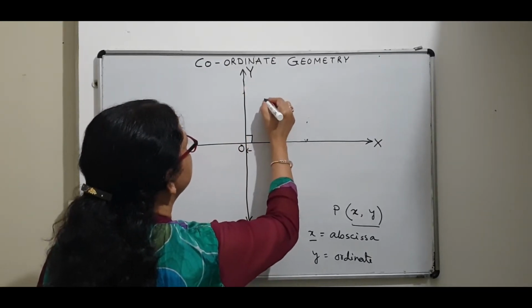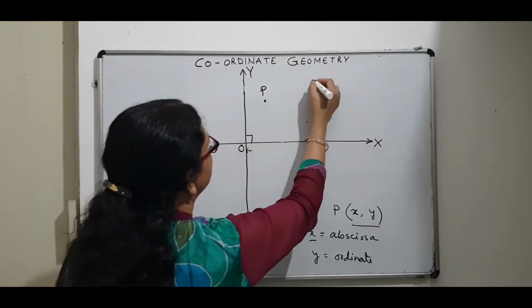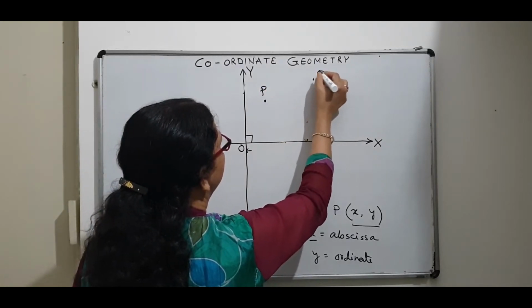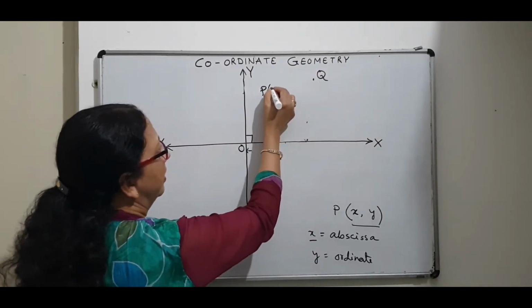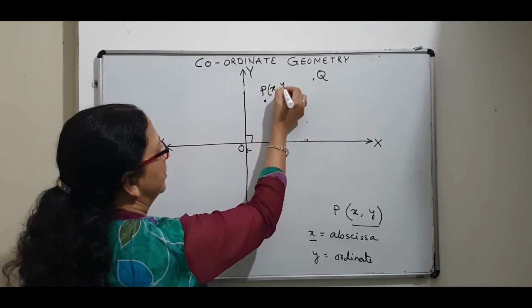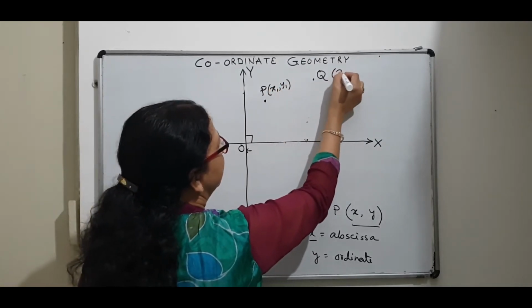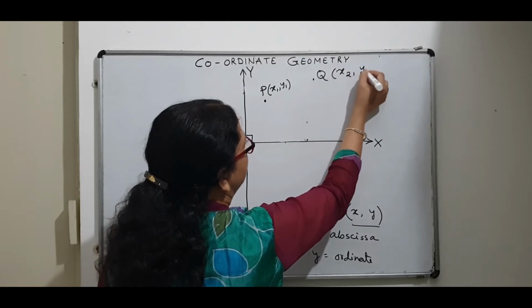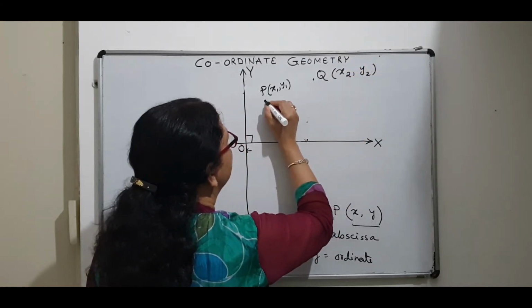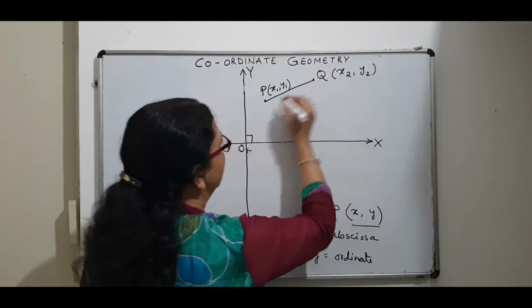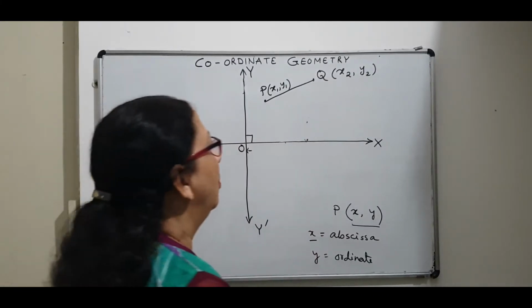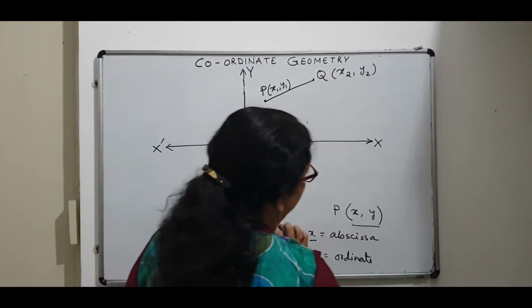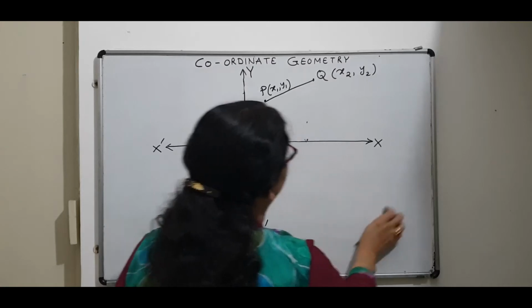Say here one is P, and another point is Q, whose coordinates are given. It is x1, y1, and its coordinate is x2, y2. Then the distance between these 2 points PQ will be given by the distance formula.